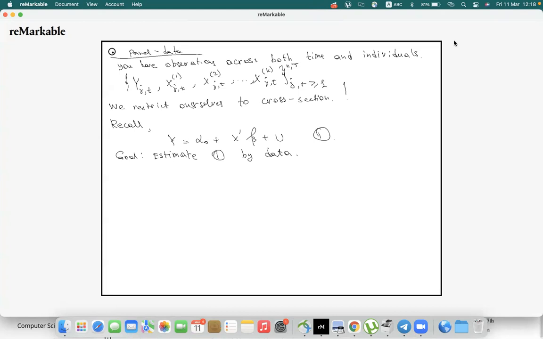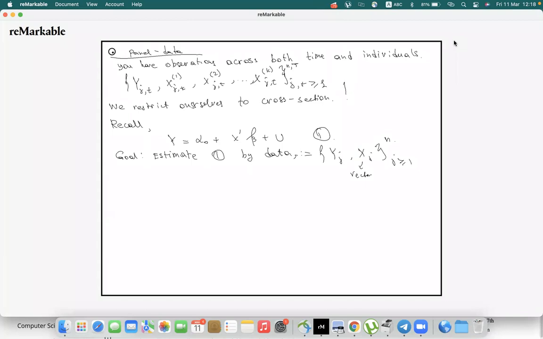And the idea is that the data is like you have this collection of y_j's, right? Because it's cross section. This x is a vector. You have basically this kind of data, right?